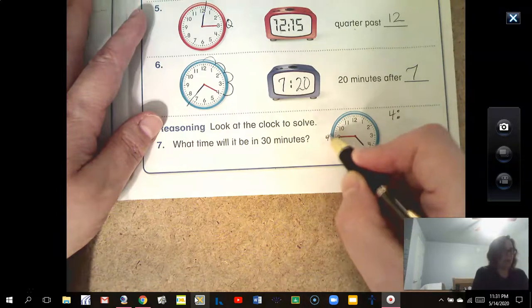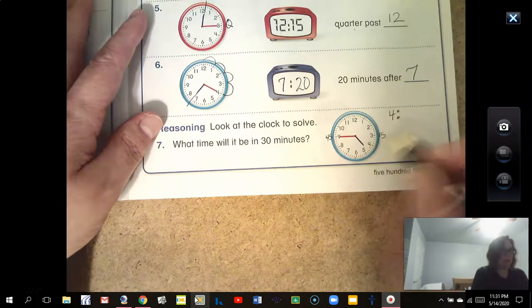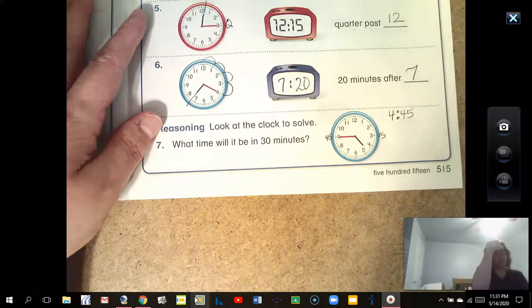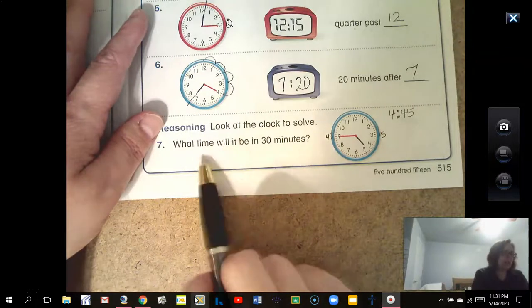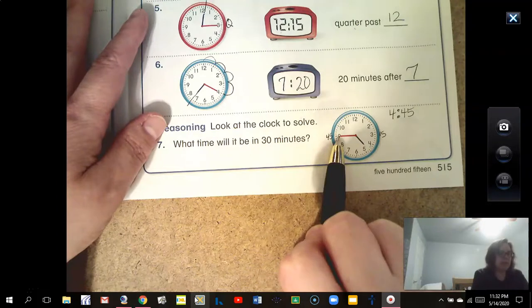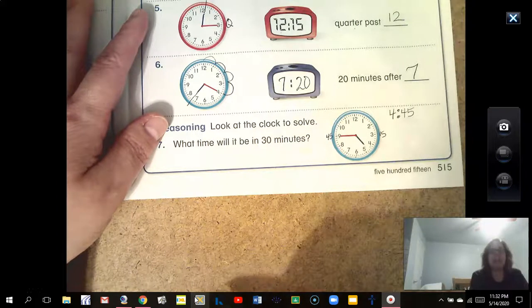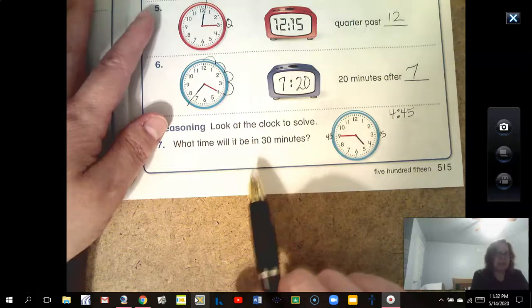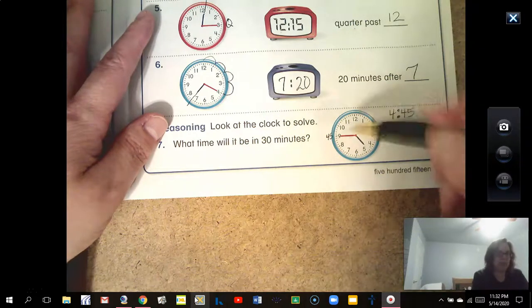And we know right here is 45 and this is 15. So 4:45 is the time right now. And we want to find out what it'll be in 30 minutes. So we're going to start where the minute hand is right here, and we're going to count up to 30 by 5s. Okay, start with me.